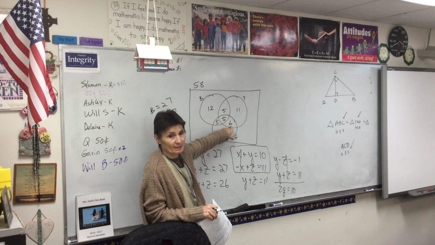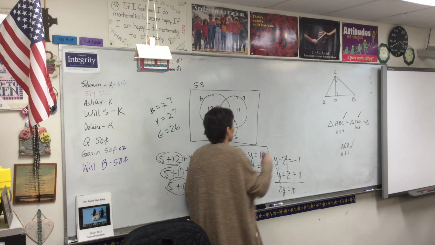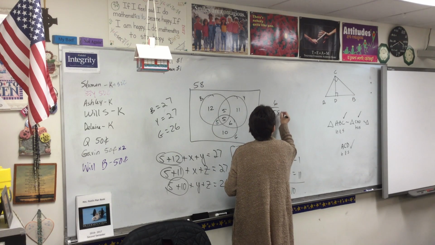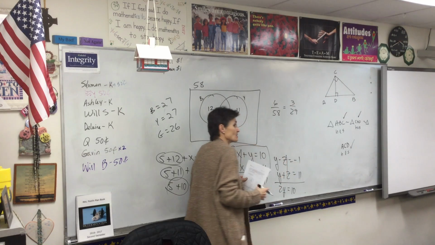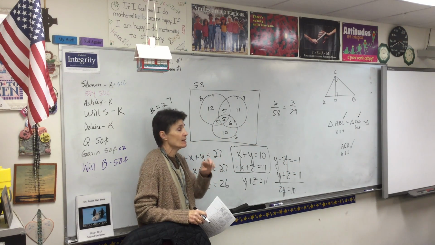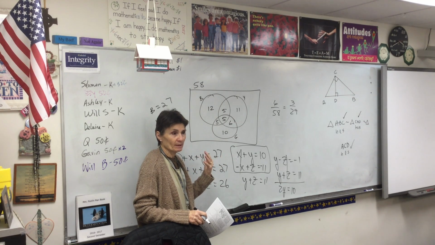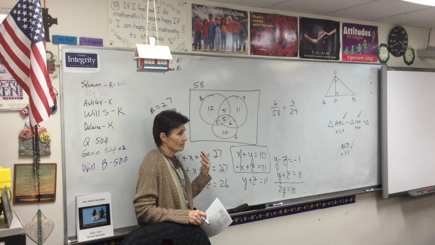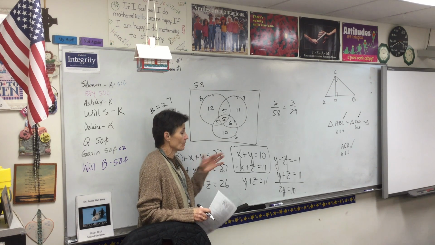But it's a probability question. So it's 6 over 58, which is 3 over 29. So that's the answer. Now, if you said 6, you are on the right track. You just didn't make it probability. If you said something else, then we're on the wrong track.